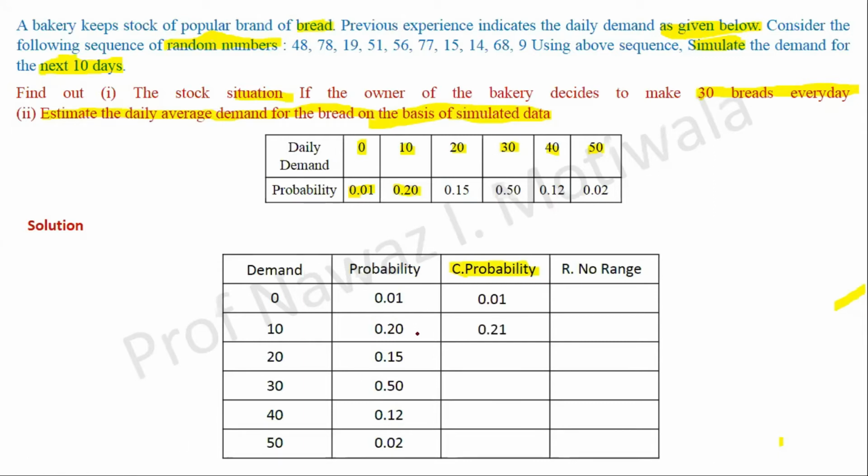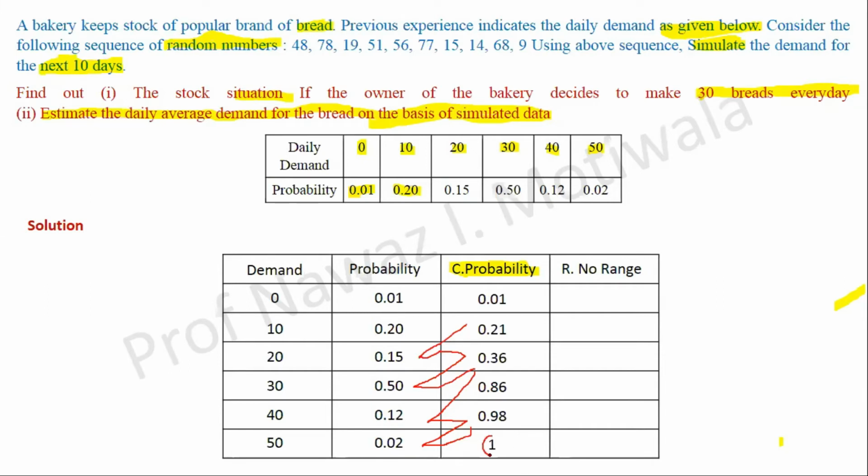Similarly, the third one will be 0.21 plus 0.15, so I will get the answer 0.36. Then 0.36 plus 0.5 gives 0.86. 0.86 plus 0.12 gives 0.98. And lastly 0.02 plus 0.98 will give you 1.